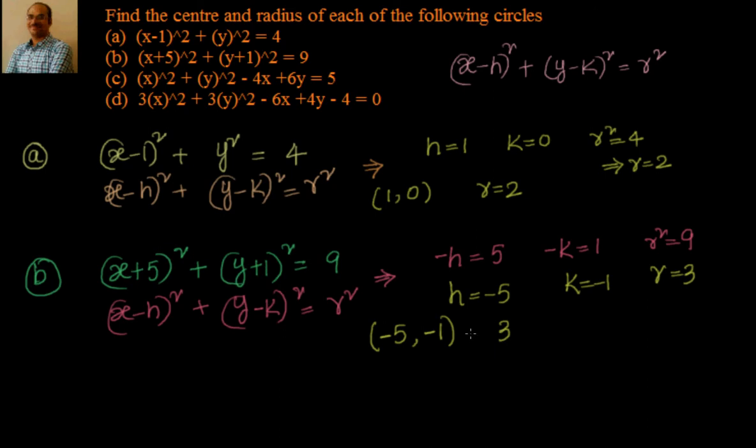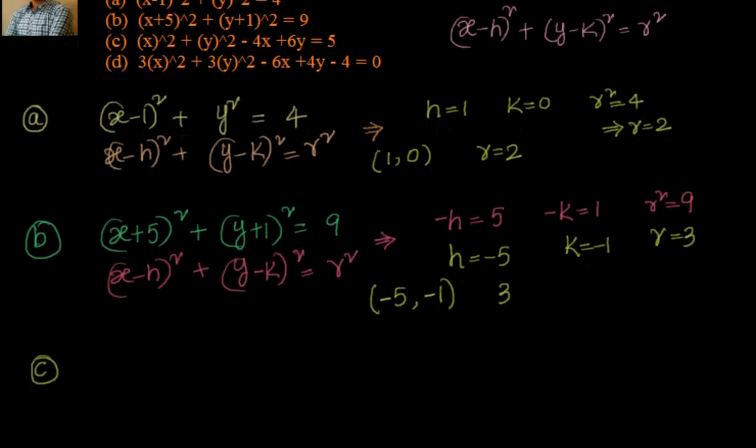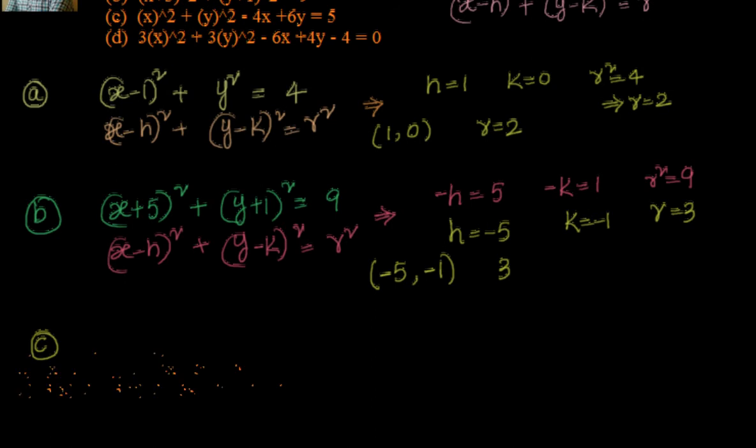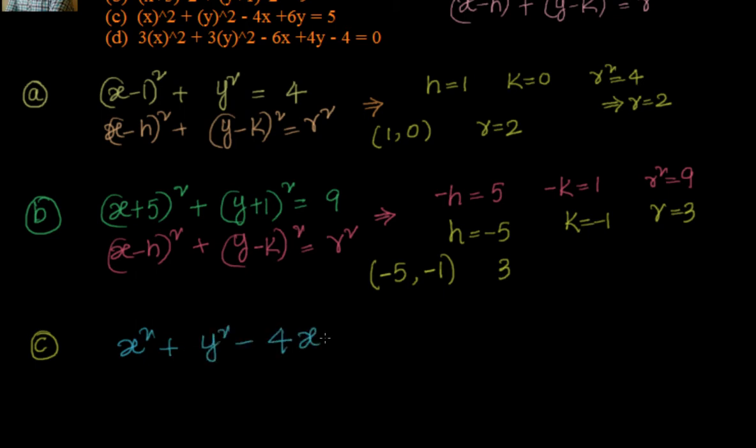So let's go to the next one. In the next one we have to find out the center and radius of x square plus y square minus 4x plus 6y equal to 5. So this we have to compare with the equation x minus h whole square plus y minus k whole square equal to r square.